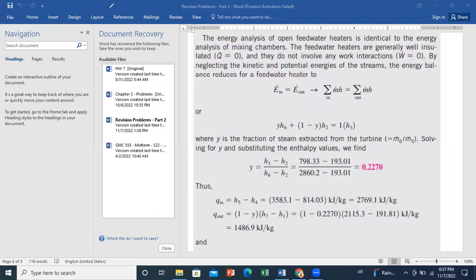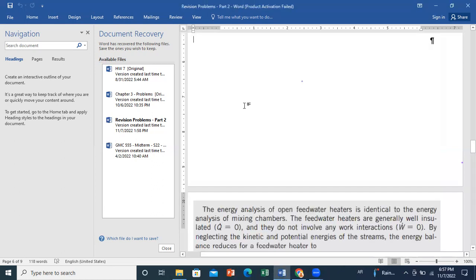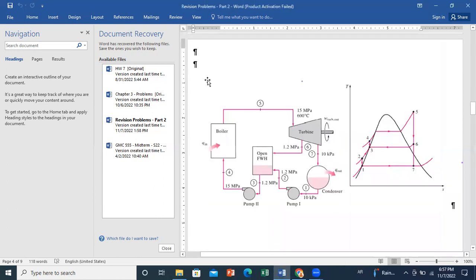As you can see in the figure, if you go back to the figure, these are the two flow rates we are talking about. So one will undergo complete expansion in the turbine, then go through the condenser, then enter pump one to be compressed to state 2 before entering the open feed water heater.